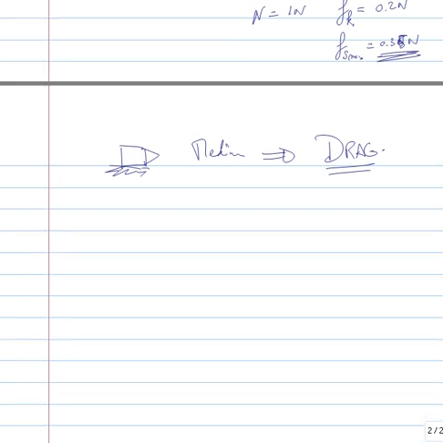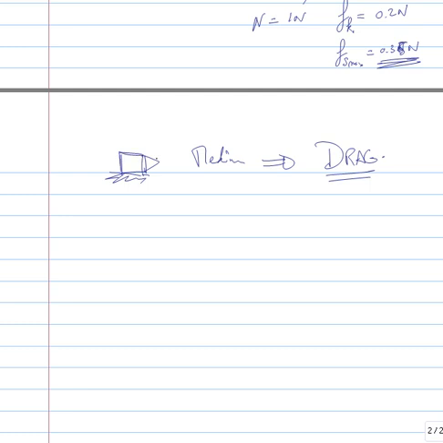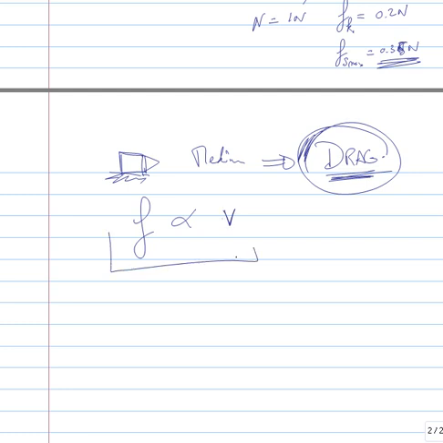So when you're dealing with a system going through a medium, usually we rename that frictional force into a drag force. This drag force is obtained by experiment and is usually proportional to the velocity, which means that the faster you go, the bigger the drag force against your direction of motion will be.